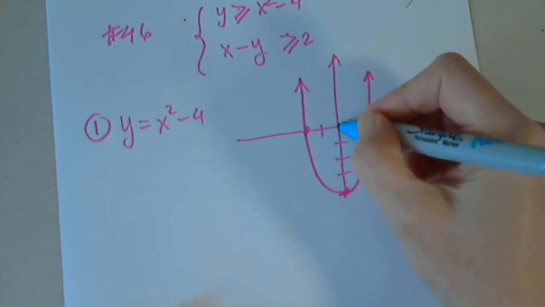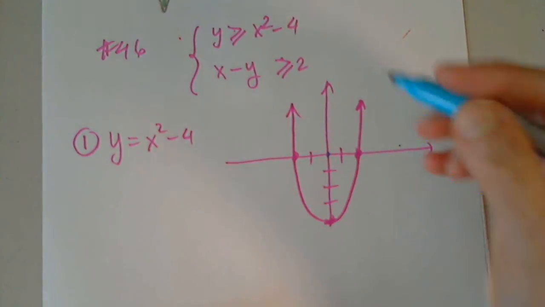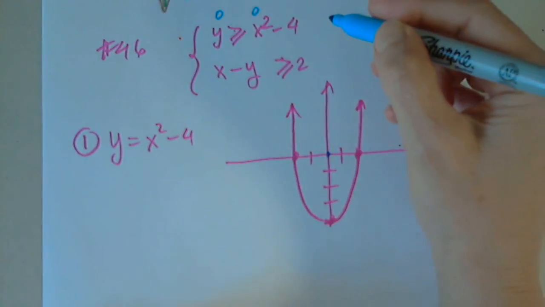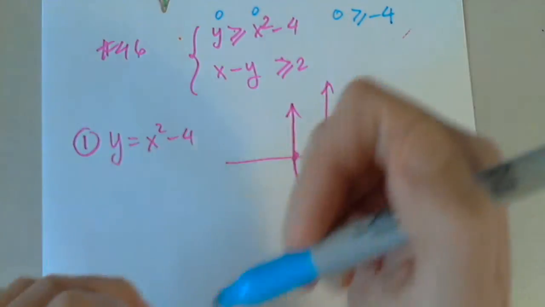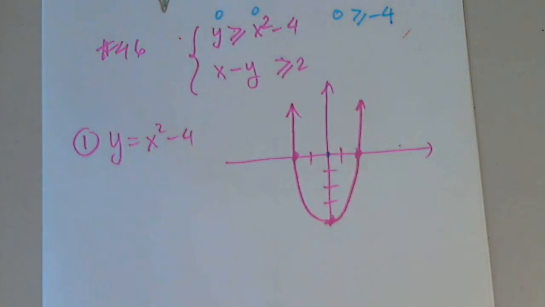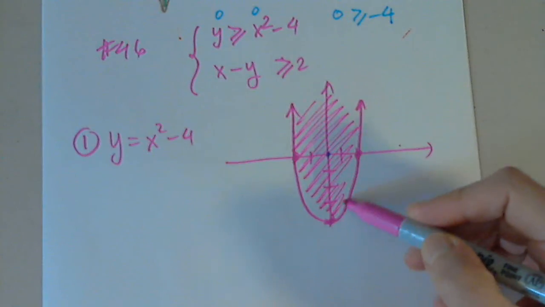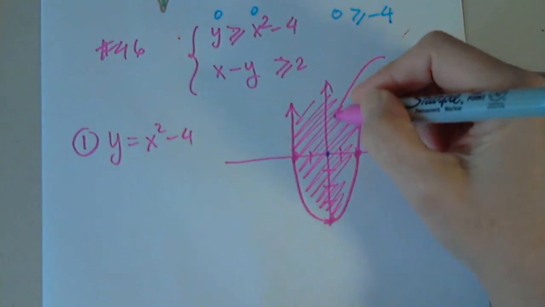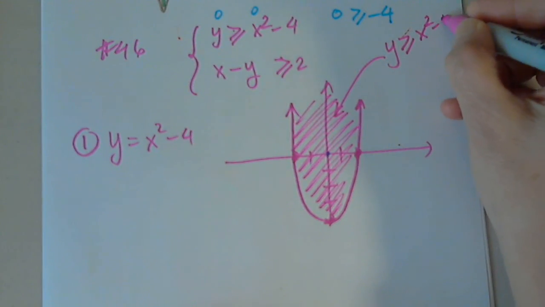Of course, I'm going to pick 0, 0 because the graph does not pass through it. I get 0 greater than or equal to -4. It is a true statement, which means I have to shade in this area, and it represents solutions to y greater than or equal to x squared minus 4.